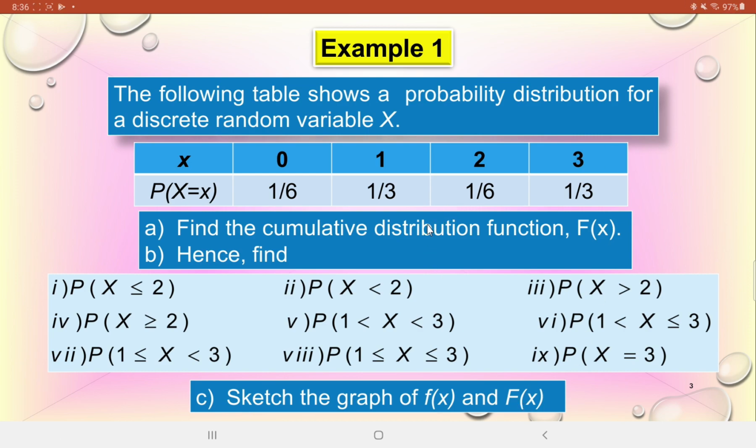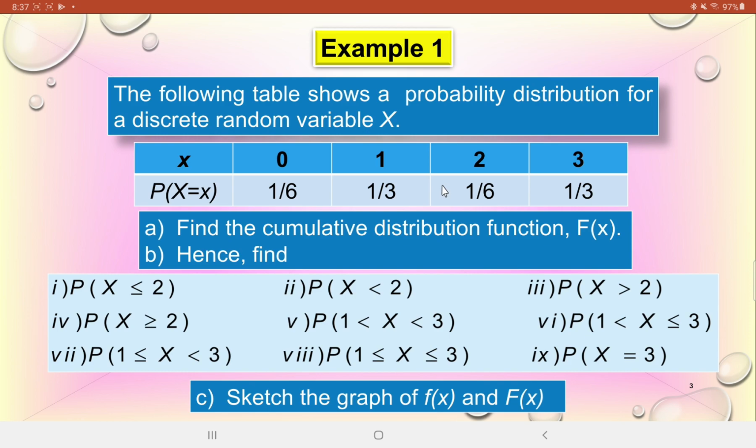Okay, look at the first question. Find the cumulative distribution function F(x). Capital F is given to you by the probability distribution table, small f.